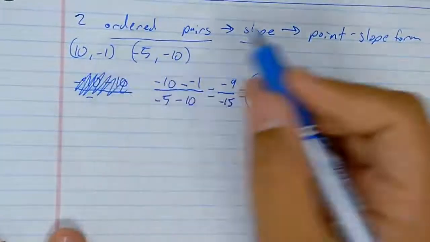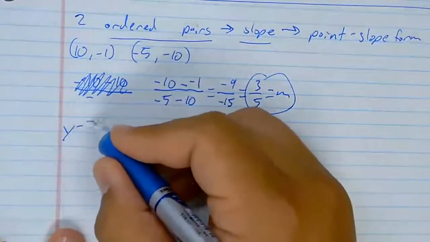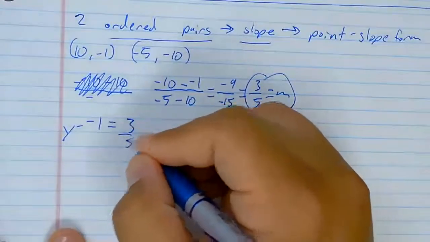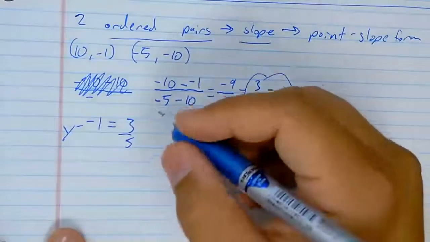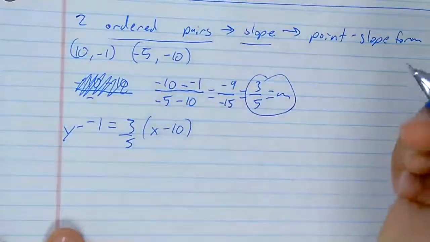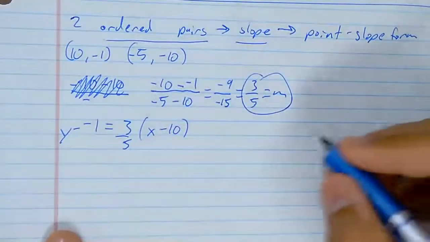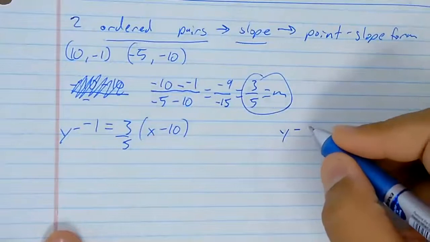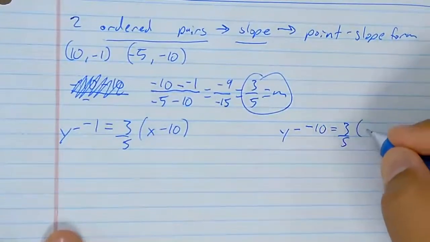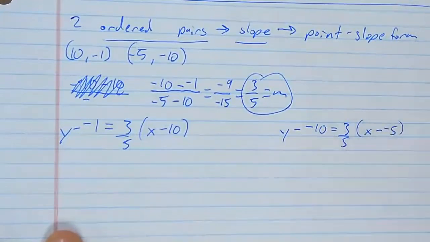With this ordered pair of (10, -1), slope of 3/5, we have y minus negative 1. Of course, you can write that as y plus 1 equals 3 over 5 times x minus 10. Similarly, if we use (-5, -10), we have y minus negative 10 equals 3/5 times x minus negative 5.